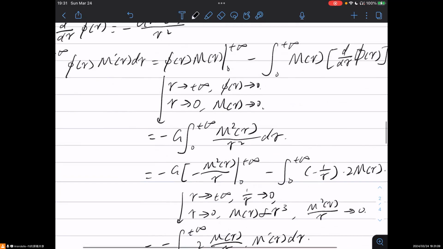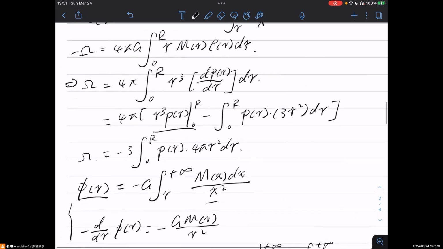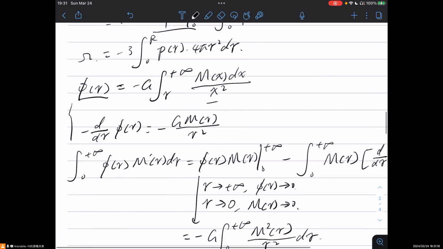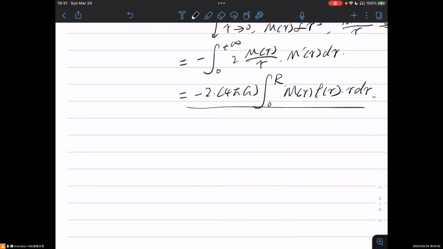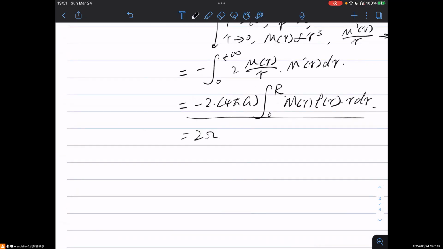Compare this expression to the expression of omega, and we find that it's just 2 times omega.